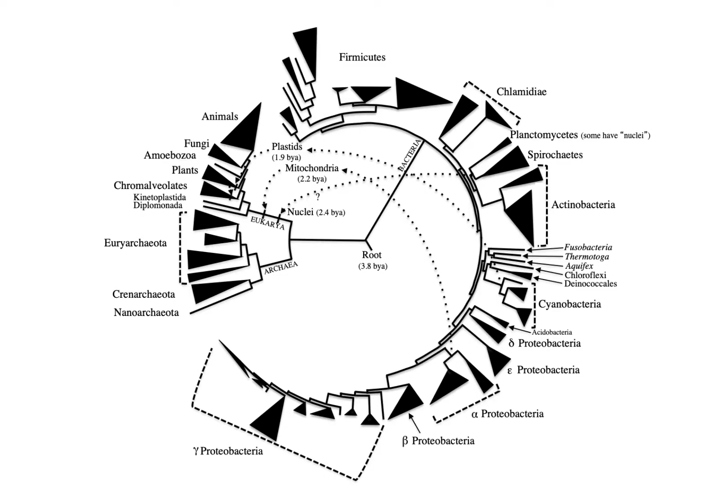So if we look at this circular phylogram again, starting 3.8 to about 4.2 billion years ago at the root here, and then you get this separation between bacteria and archaea approximately 3 billion years ago.